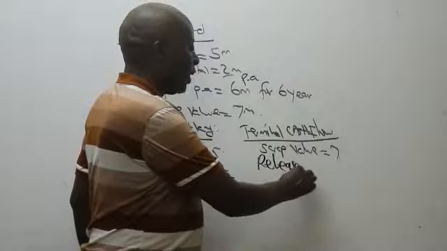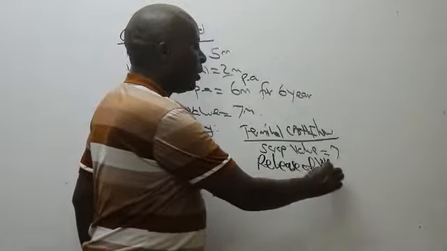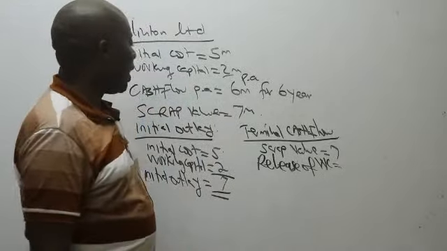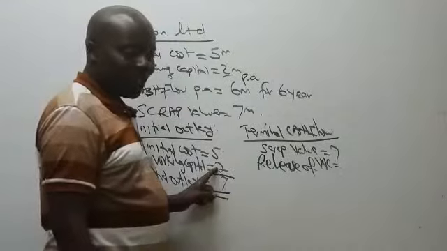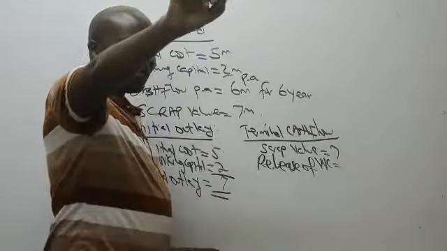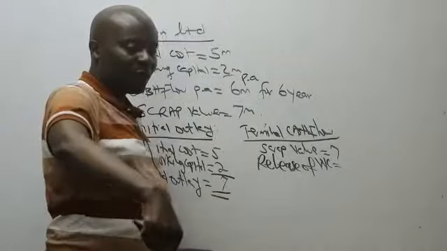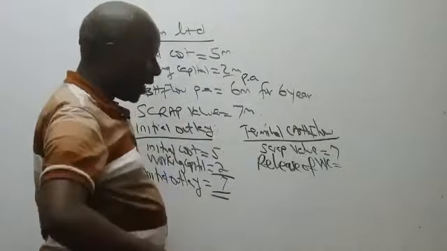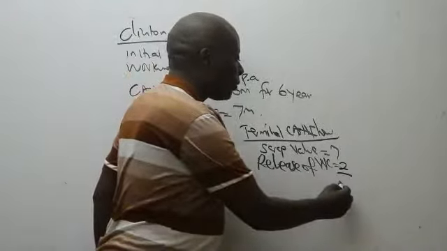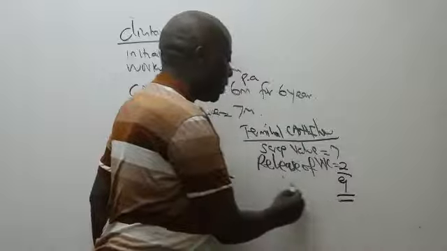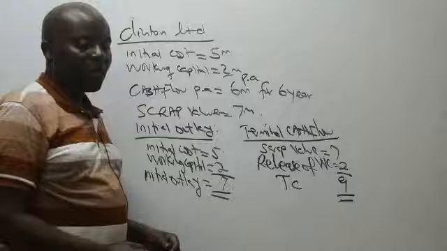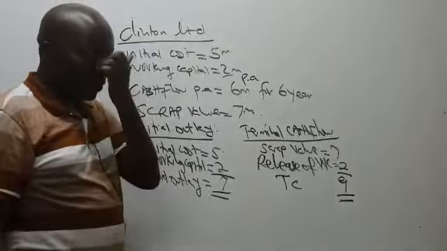This working capital doesn't change. At the beginning of the project we put it in, and at the end we receive it back. So the release of working capital is 2 million. The terminal cash flow there will be 9 million. TC stands for terminal cash flow.